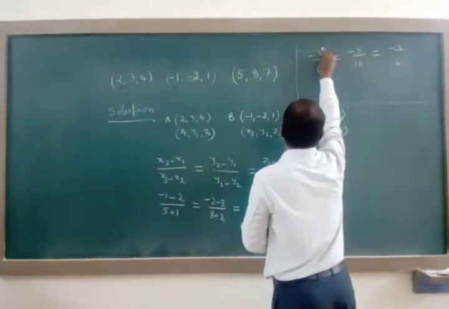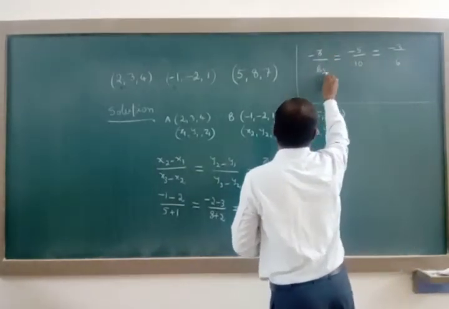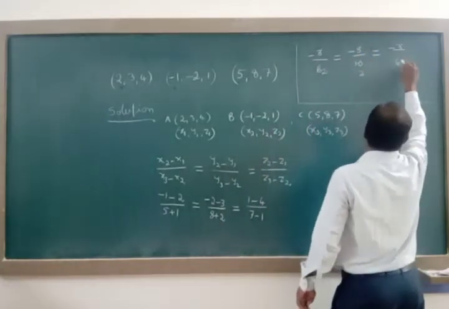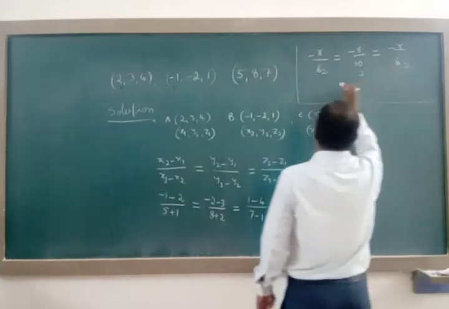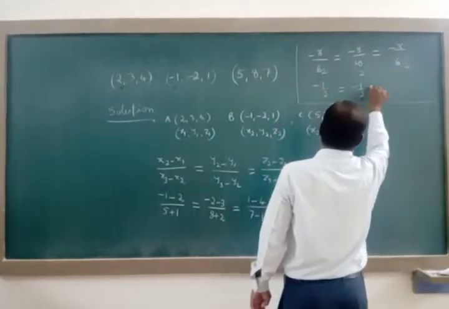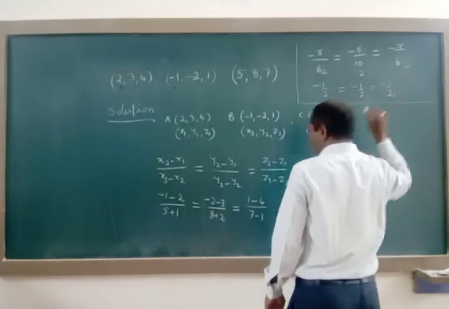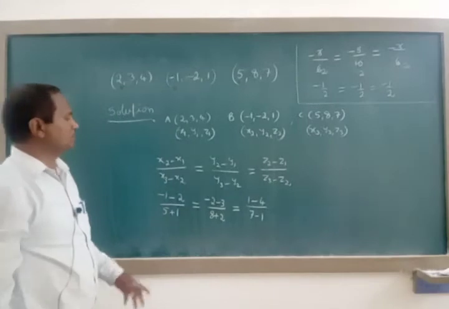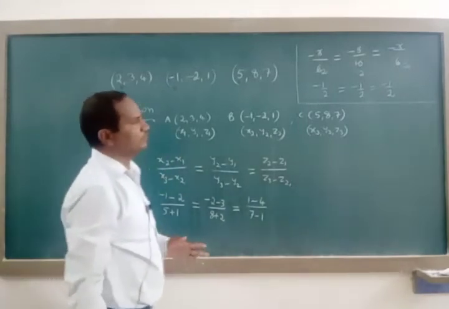On cancellation, 3 ones are 3, 3 twos are 6, and 5 ones are 5, 5 twos are 10. That is minus 1 by 2 is equal to minus 1 by 2 is equal to minus 1 by 2. In all cases, the ratio is the same. When the ratio is the same, we say all 3 points are collinear.